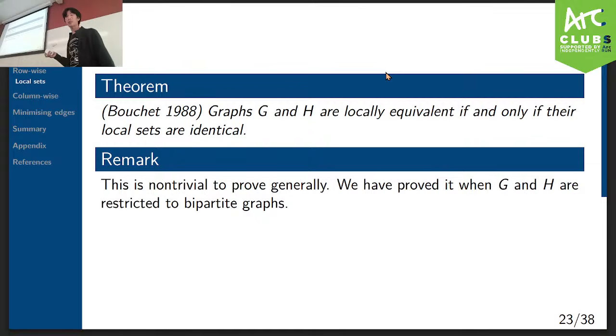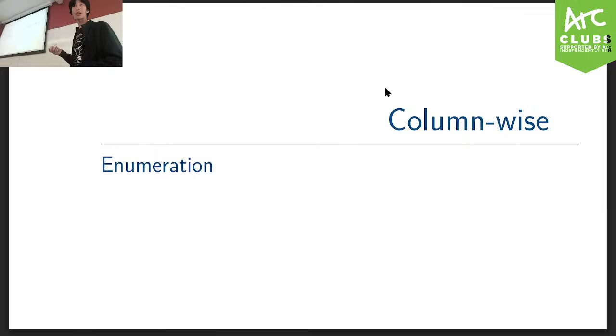The theorem can also be proved more generally for any graph, not restricted to bipartite graphs. We're not going to prove this here, but it follows a similar structure with a more complicated graphic presentation. Yeah, this is quite an important theorem in the study of pivot equivalent graphs and locally equivalent graphs. Okay, now we're going to look at, yeah?